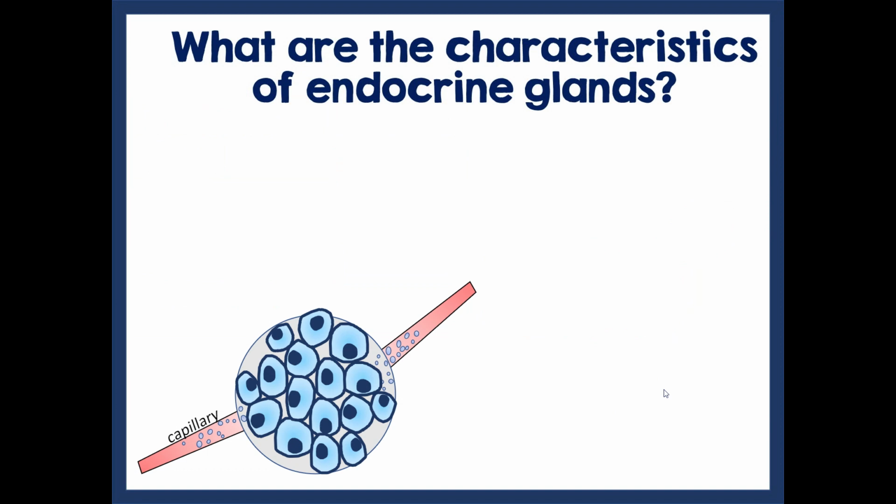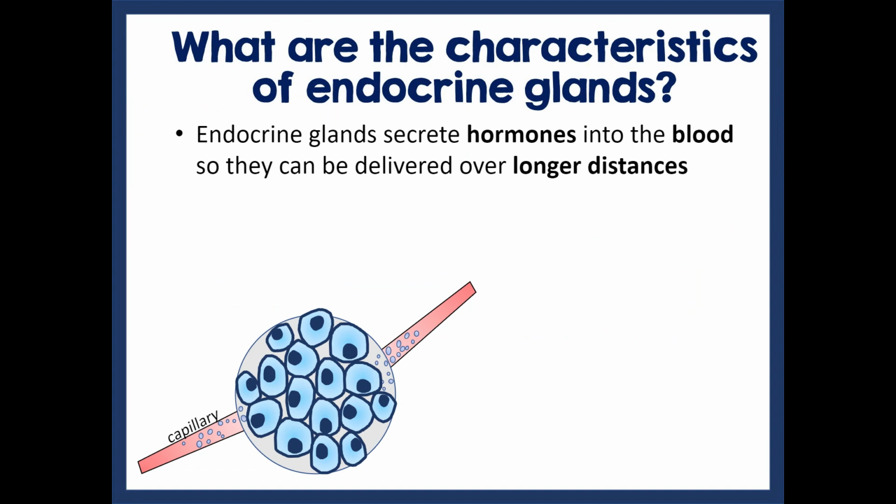All right. Now, I told you about exocrine glands, the three kinds. Let's finish up here with endocrine glands. So endocrine glands secrete hormones into the blood so that they can be delivered over longer distances throughout the body.